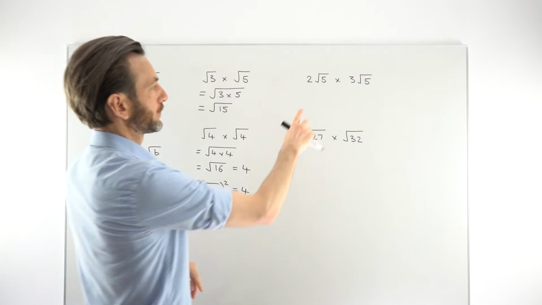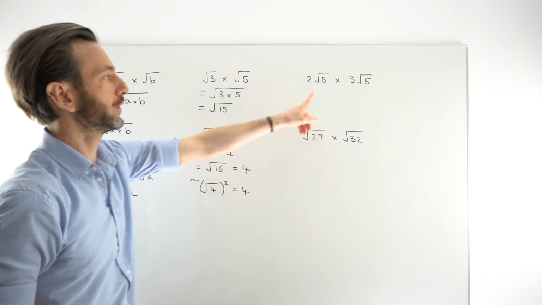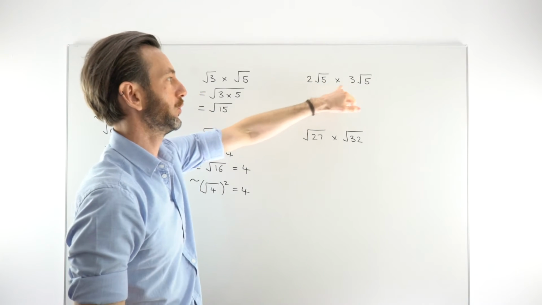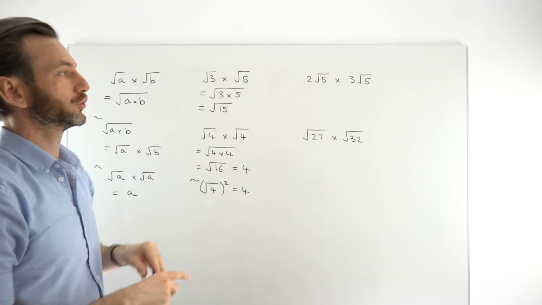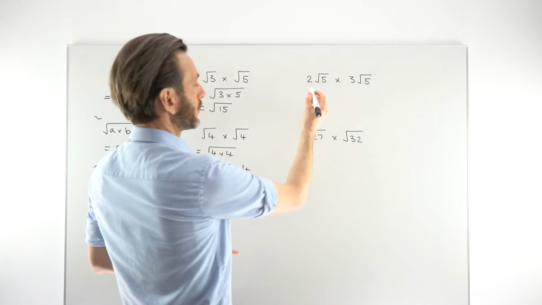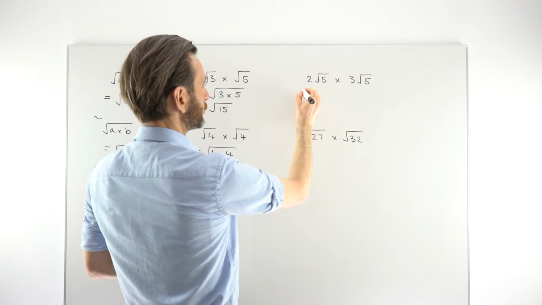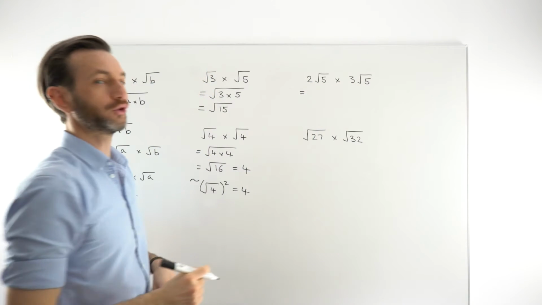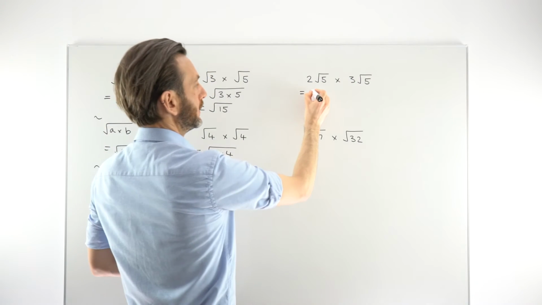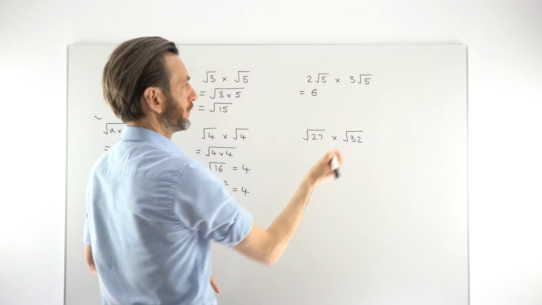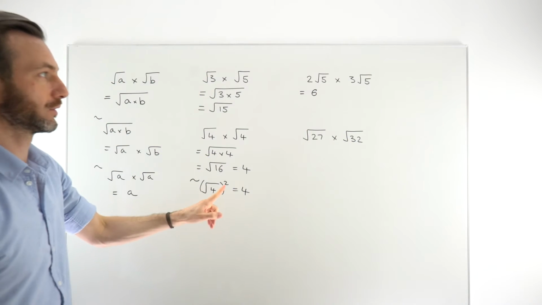Progressing this forward, in the third example we've got the same root, which is fine, but we've also got numbers in front, so we need to know what to do in this scenario. In this scenario, you multiply the whole numbers together, so 2 times 3 gives you 6, and then root 5 times root 5, which we've just established is just 5.